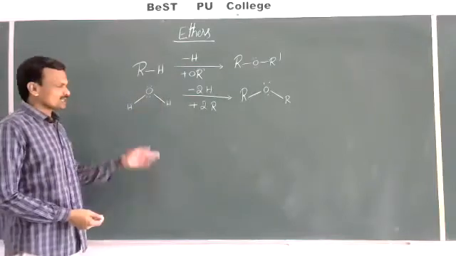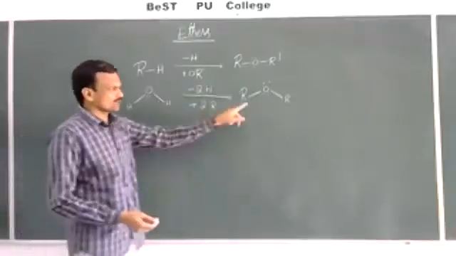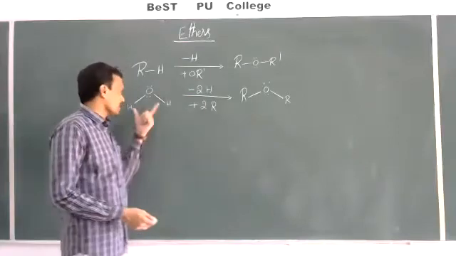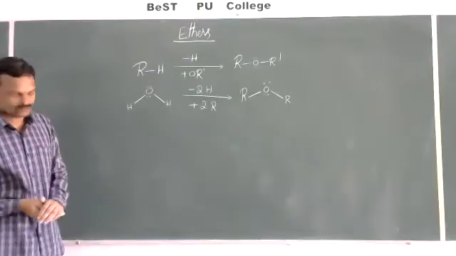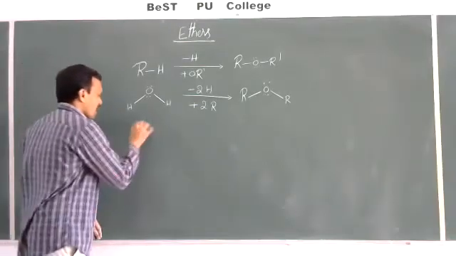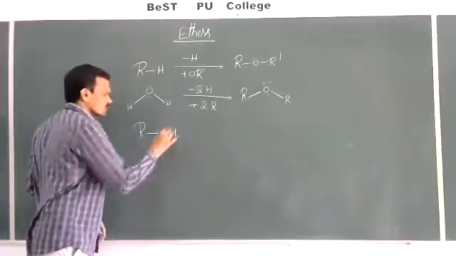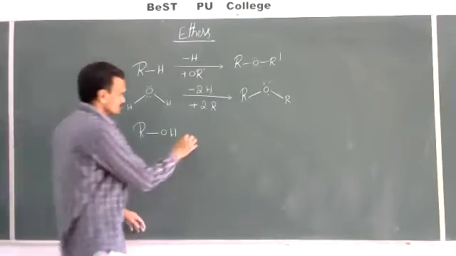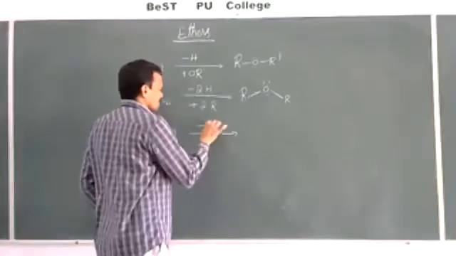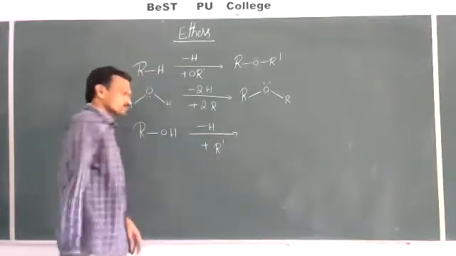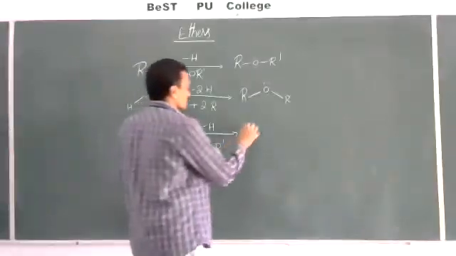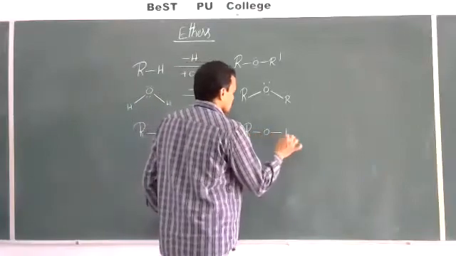So ethers are the dialkyl derivatives of water, obtained by replacing two hydrogens of water by two alkyl groups. Like this we can define. Similarly, ROH is an alcohol. In this alcohol, if the hydrogen is replaced by an alkyl group, then we get ROR'.